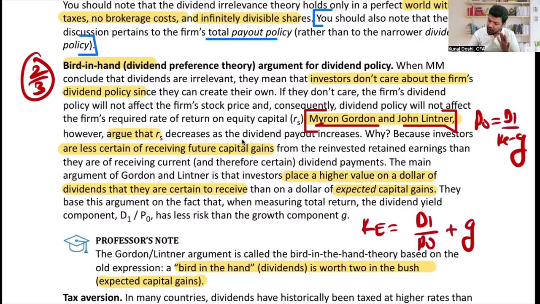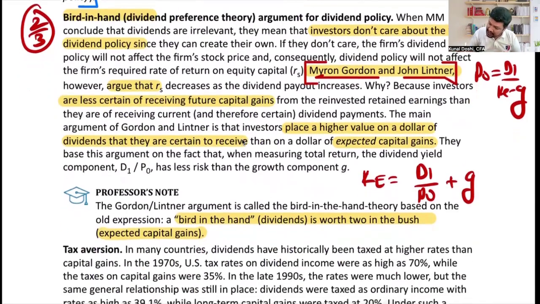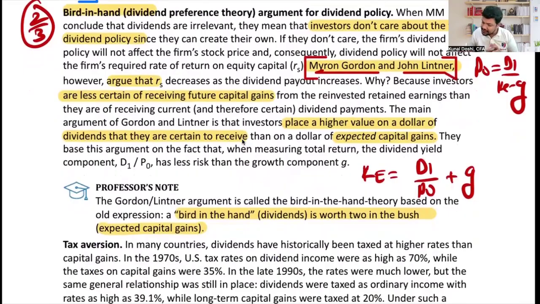So if you look at Gordon's growth formula also, they base this argument on the fact that when measuring total return, the dividend yield, that is D1 over P0, is relatively less risky than growth. Remember, dividend is easy to predict. D1 is based on D0 plus growth, correct? And the current price is always available.